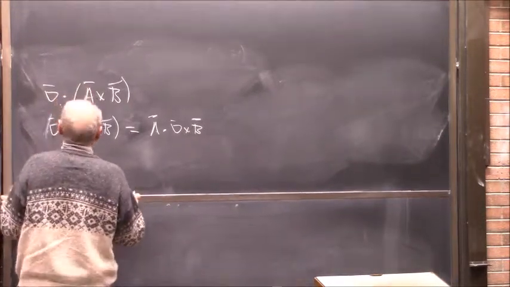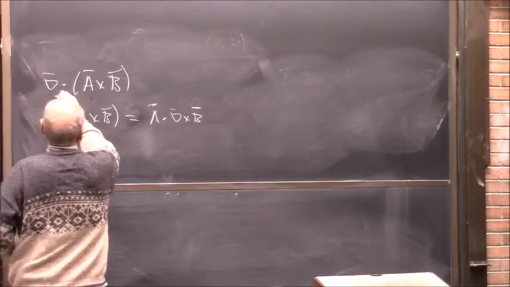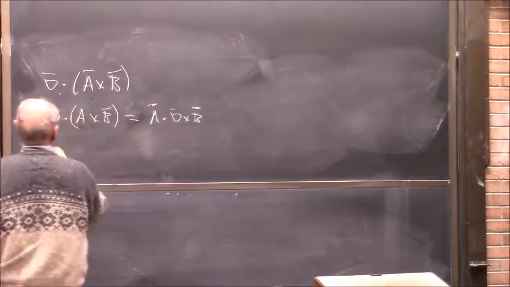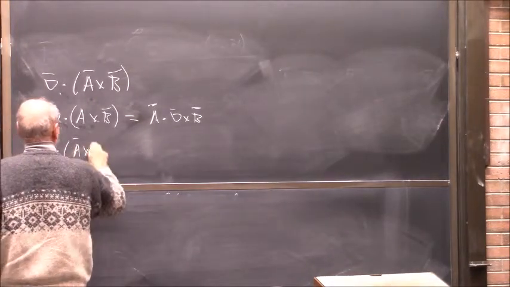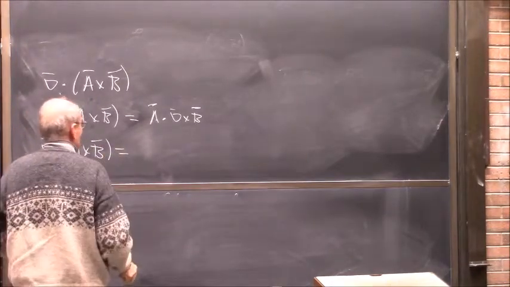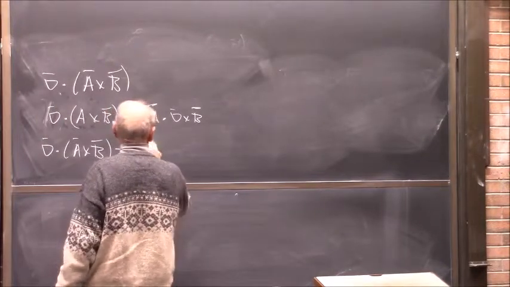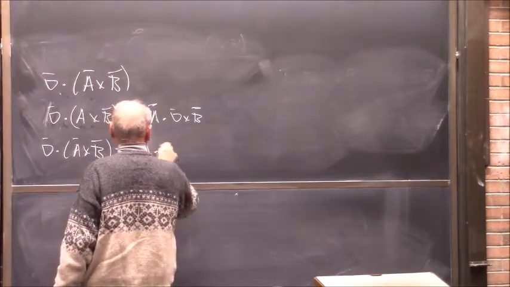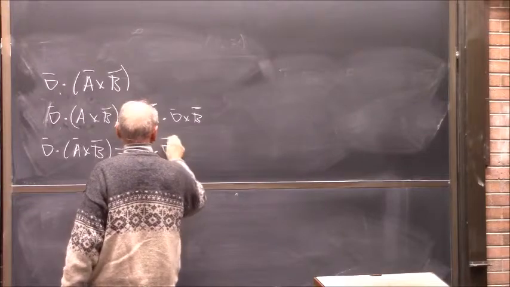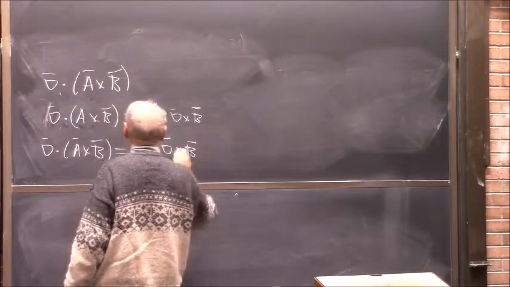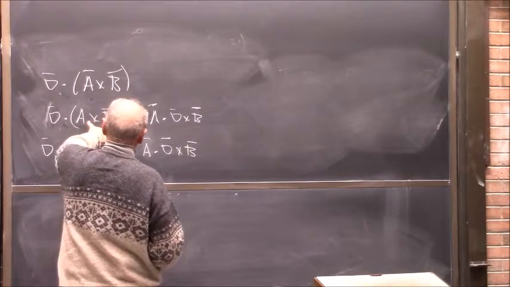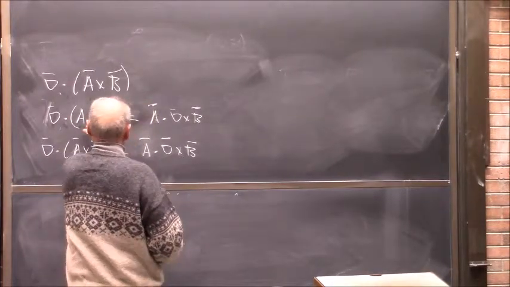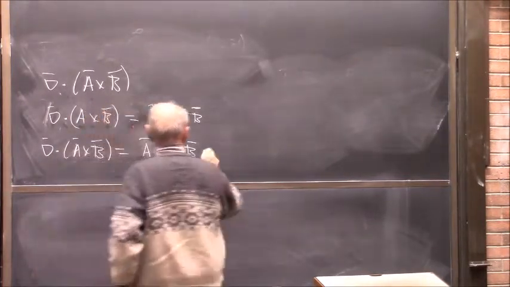And so since I have to apply the divergence to both of these, what I'll get is the divergence of A cross B will be equal first to A dotted into the curl of B. And now I want to apply it to B, but to do that, I'm going to reverse the order here, which will give me a minus sign.